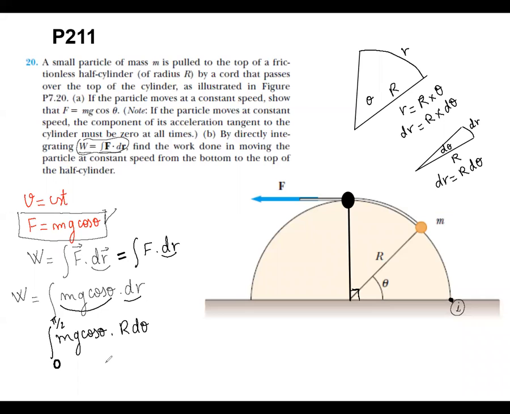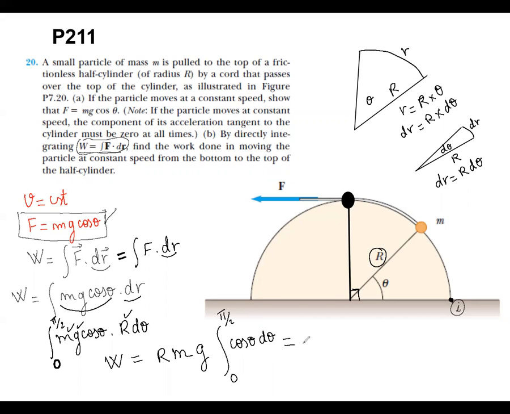You know, R is constant. If we move the object, capital R is constant, so we can put it outside of the integral. m is constant, and we have g. Inside, we have cosine theta d theta between 0 and pi over 2. The integral of cosine theta equals sine theta.